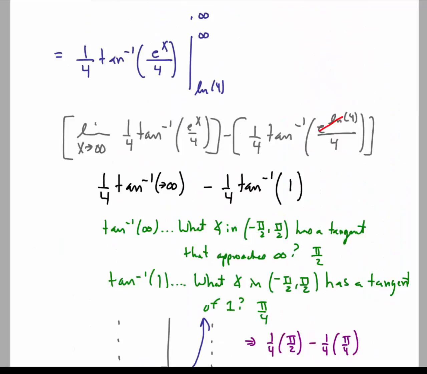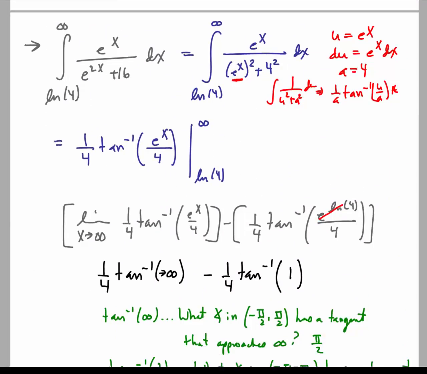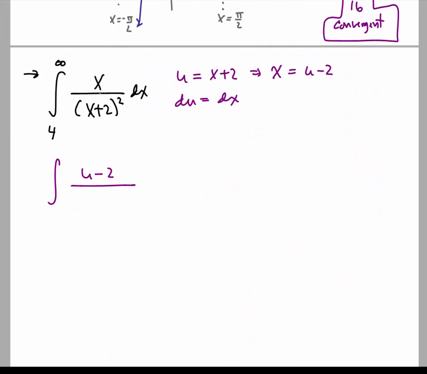I'm curious about something up here. Yep, that's right. Okay, so the x is u minus 2. x plus 2 is u, so this is u squared du. du and dx are the same. And then what I do is I separate this into two different integrals, u over u squared, so I'm separating the numerator basically.